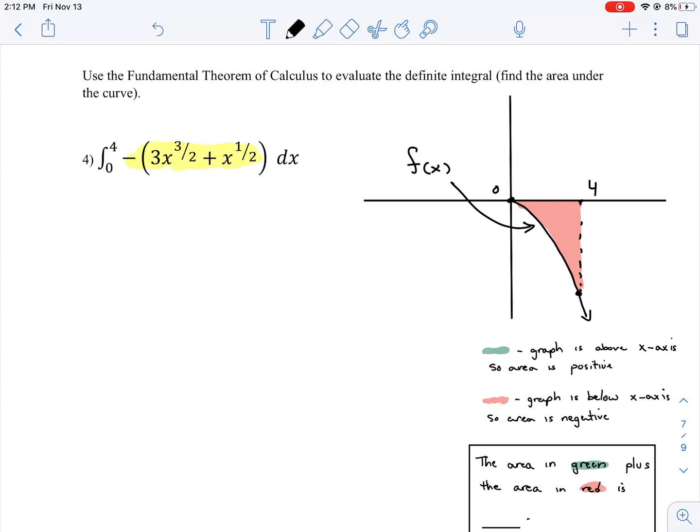And before I talk about the continuity of this function, I want to rewrite this definite integral using property 5 of definite integrals. So we have the definite integral from 0 to 4 of this function here.